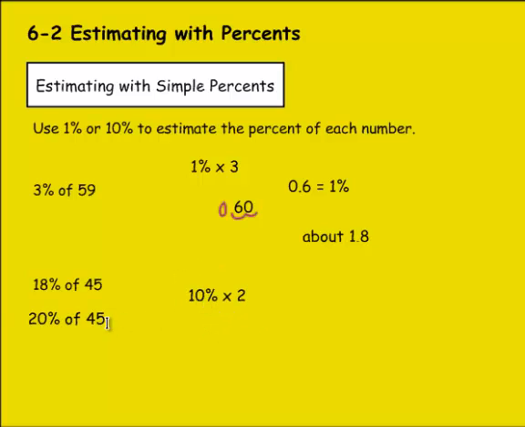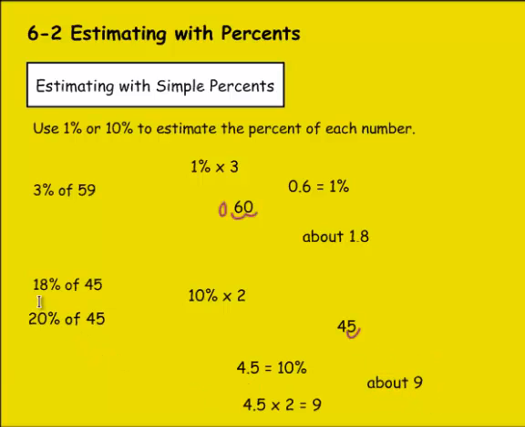So we could find 10% of 45 and then multiply that times 2. So if we have 45, 10% of that would be only one decimal move over, so 4.5. So 4.5 equals 10%. Remember, we got to multiply that times 2 now, so 4.5 times 2, that equals 9. So our answer would be about 9.